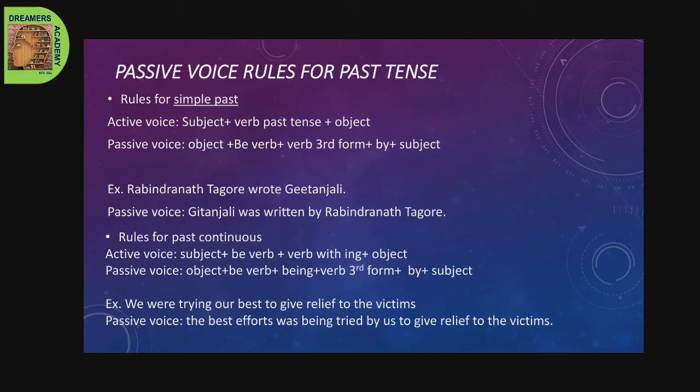Then the sentence is: the best efforts was being tried by us to give relief to the victims. So keep in mind that when continuous tense is used in the passive voice, being should be used for the ing part, and the verb will be in the third form in every passive voice.